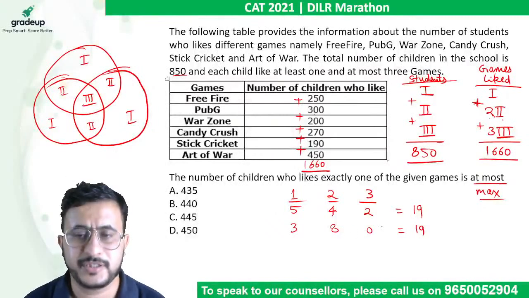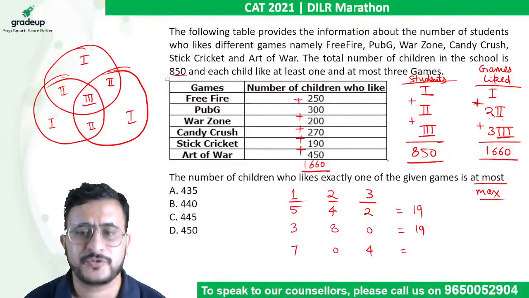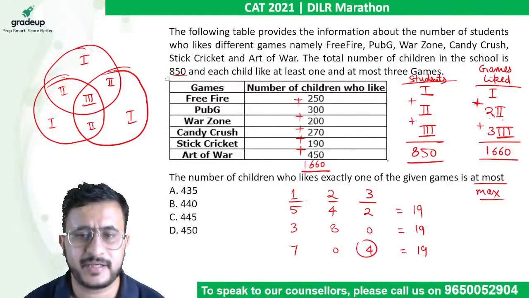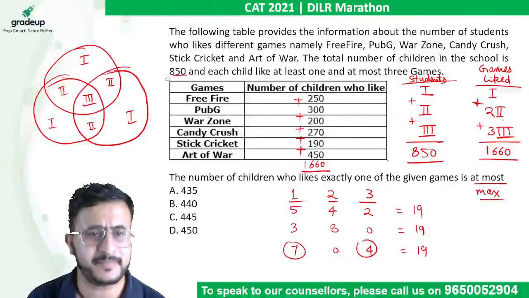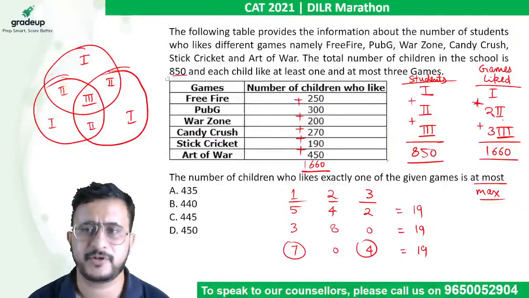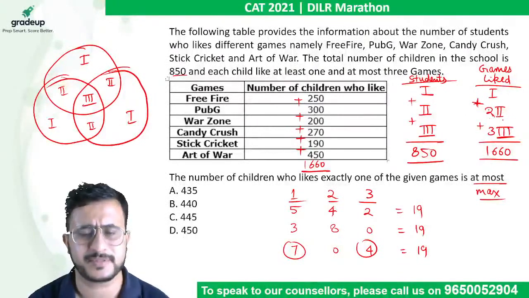So if you reduce it, but if you increase it, let's say I make it 12, I will get 0, and this is 7, 19, right? So if I put this maximum, I'm getting this maximum, right? So if you maximize this and minimize this, try to minimize the number of people who like 2 games. So put this number as 0 and this count as 0.